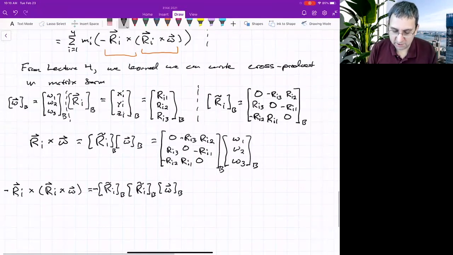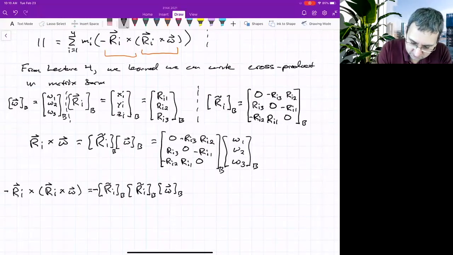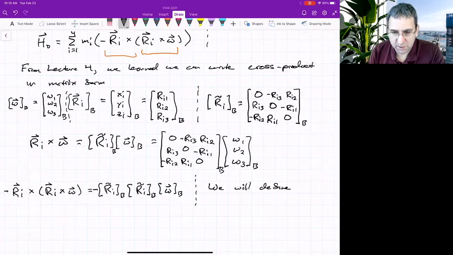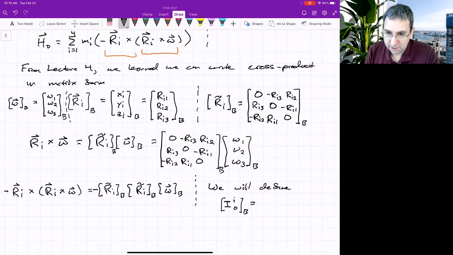If you remember what this was up here, this was angular momentum with respect to point O for the system. We're going to define something we call a 3x3 matrix. I'll call it capital I_O, and I'll say that this is negative mi ri tilde times ri tilde.